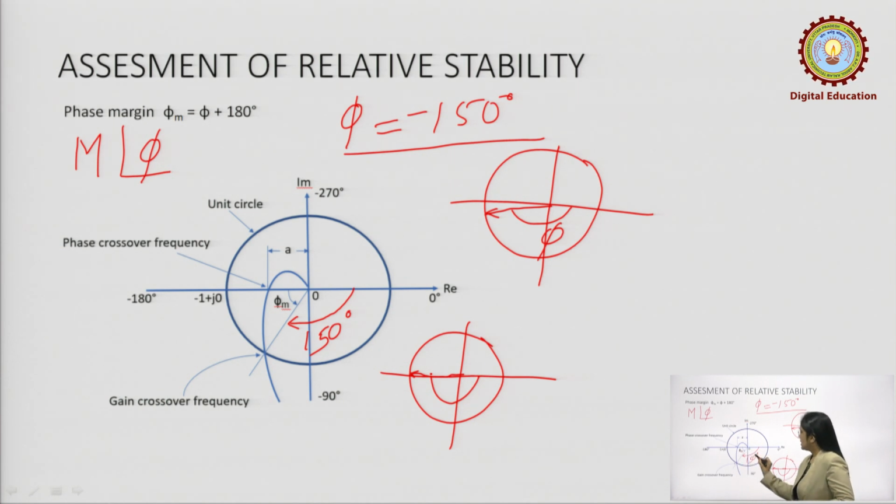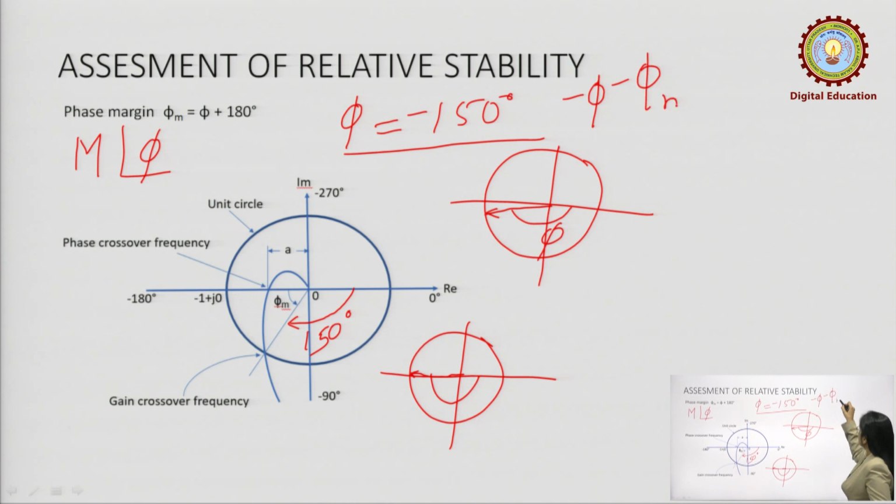That means what we write, this is minus phi m. For example, we have minus phi m, which is equal to minus 180 degrees.